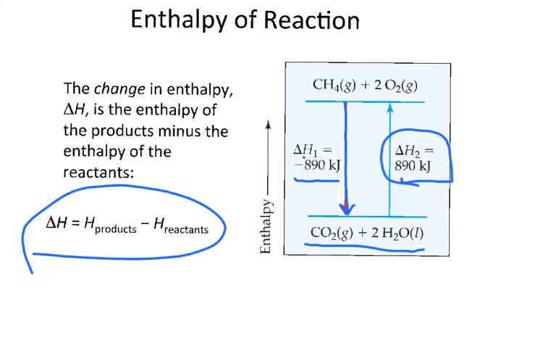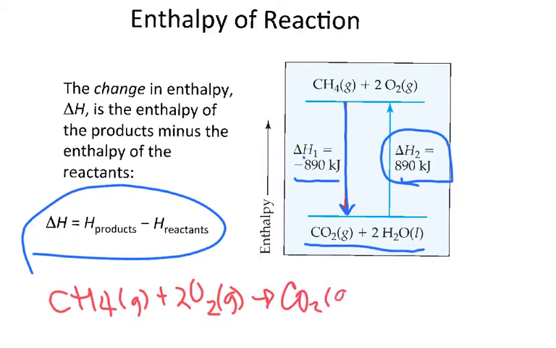So let me give you an example to be more specific. If you have methane plus oxygen gas yields carbon dioxide gas plus water, and you're told that the enthalpy of this particular reaction is negative 890 kilojoules.